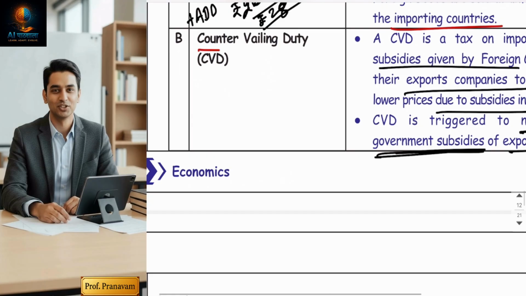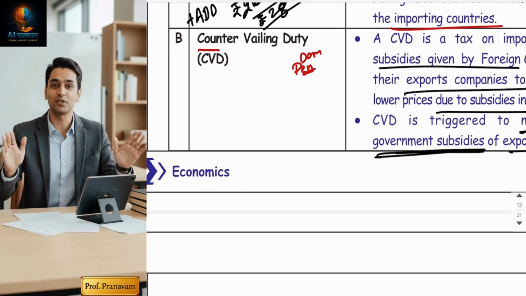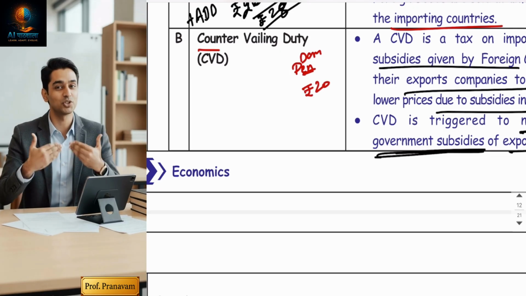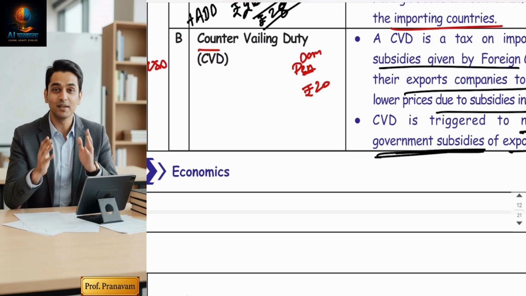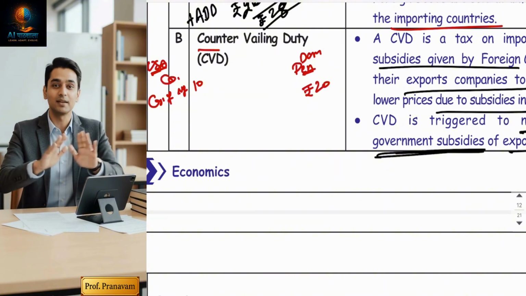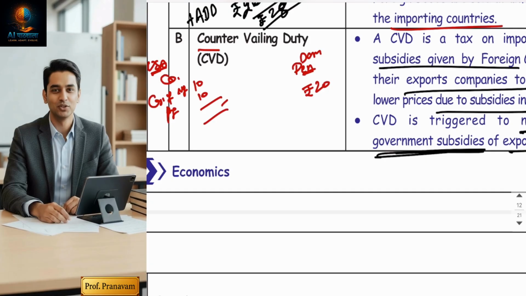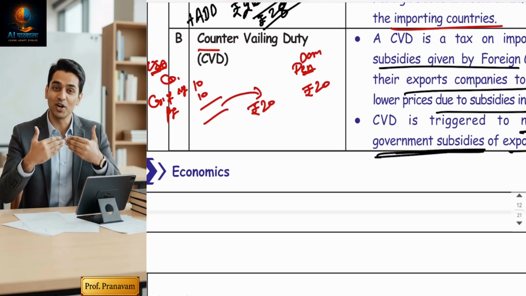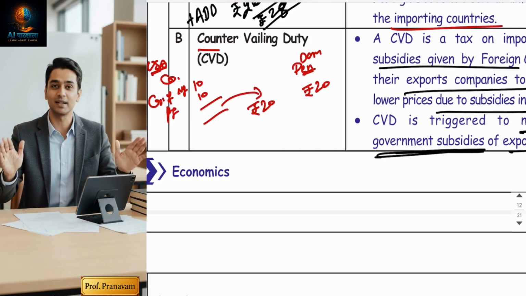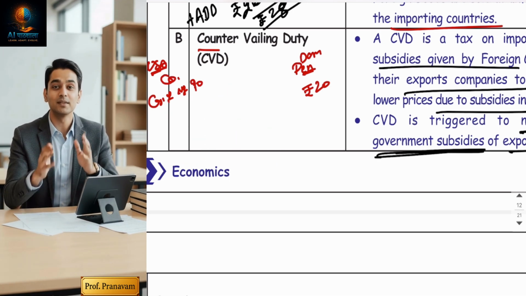Let us understand with a similar example. A domestic company in India sells a pen at 20 rupees. Am I correct? A US based company also selling pens has a cost of manufacturing of, for example, 10, so its profit margin would be 10. They are willing to sell their pen in India at 20 rupees only. But the US government says to the company, sell the goods not at 20, sell the goods at 12 rupees.